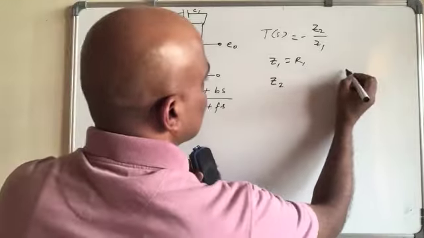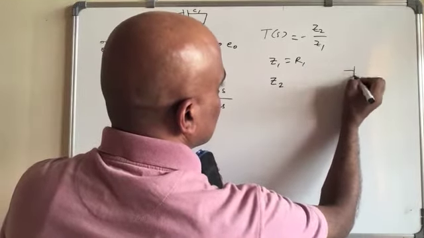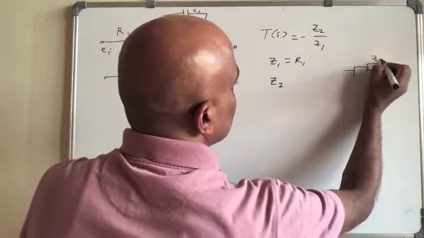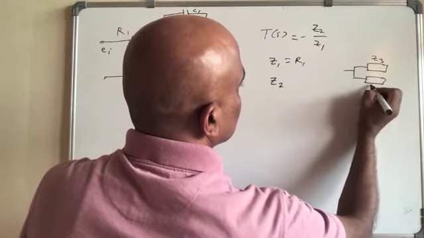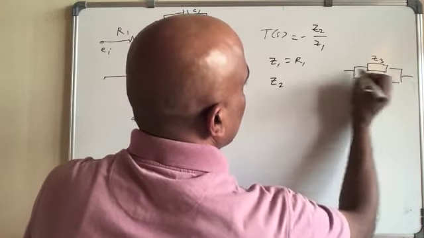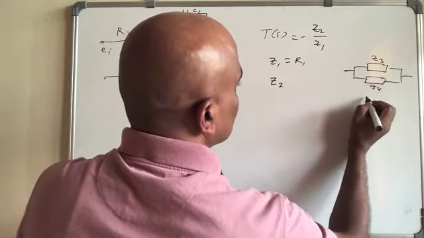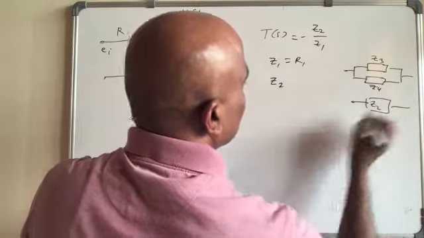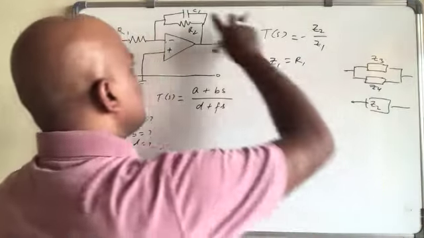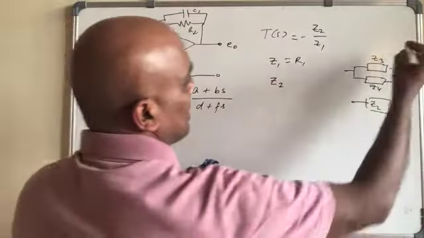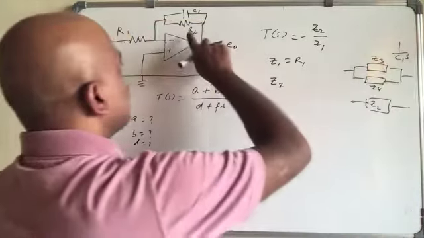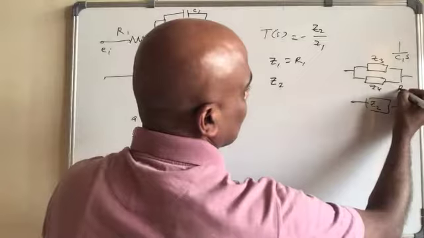Let's call the first Z3 and this Z4, right? And Z3 is nothing but a capacitor only, C1, and for that you know this is 1 over C1s, and this is just R.